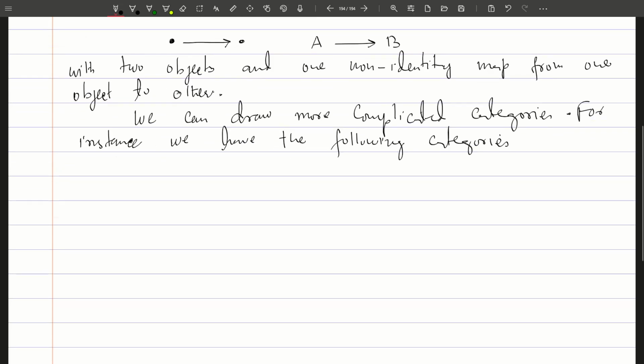Let us suppose we have two objects in a category, and two identity maps. Or suppose we have three objects in a category with the maps. Suppose this is the map F, this is the map G, then by definition this is the map G composed F. Or suppose we have a category with four objects, say 1, 2, 3, and 4.